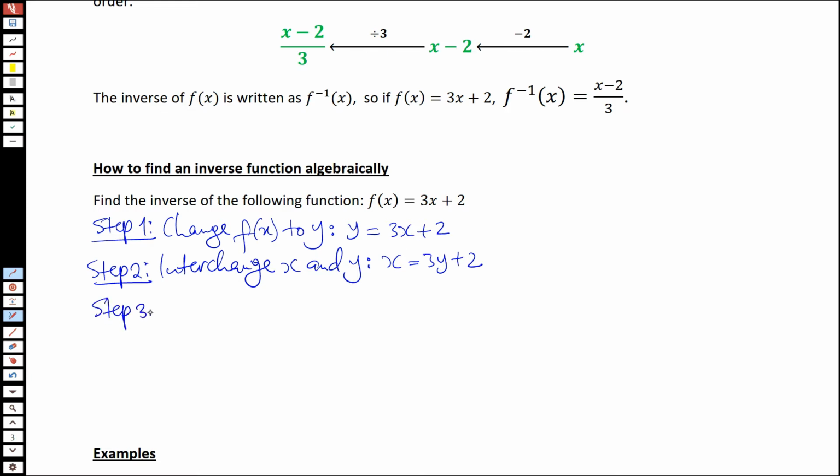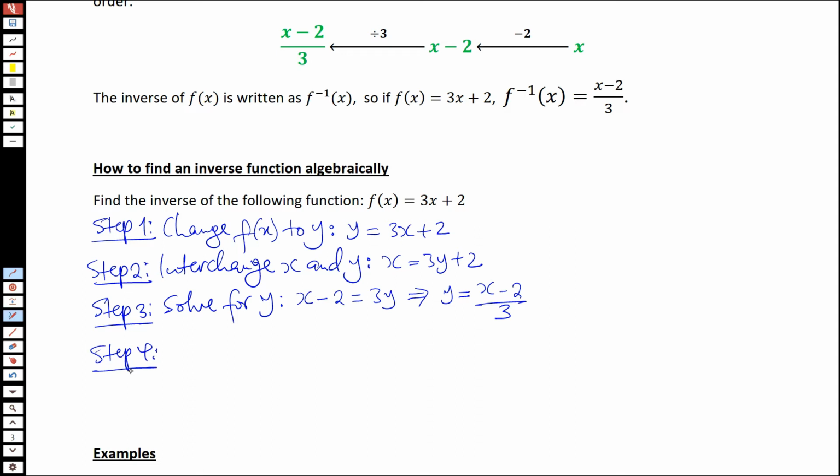Step 3: solve for y. If we want to make y the subject of the formula, we'll end up with x minus 2 equals 3y, which implies that y will be equal to x minus 2 divided by 3.